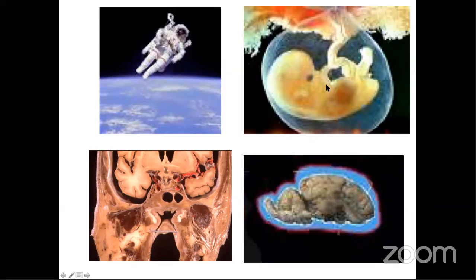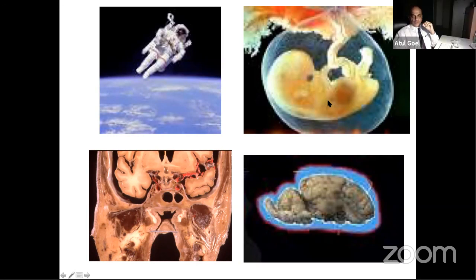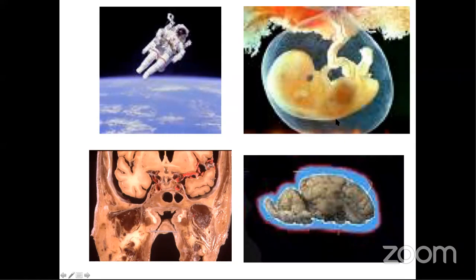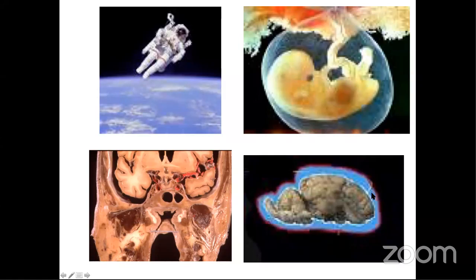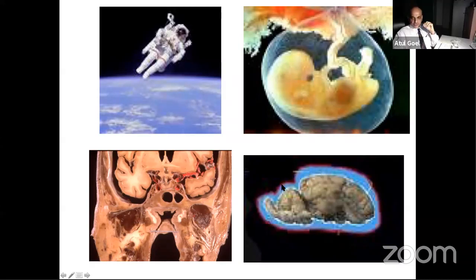That is why a pregnant woman can run even with a 3 kilo or 3.5 kilo baby, because the amniotic fluid makes the baby weightless. Similarly, the brain is 1.5 kilograms, but it is weightless. Why is it weightless? Because it floats in the CSF.